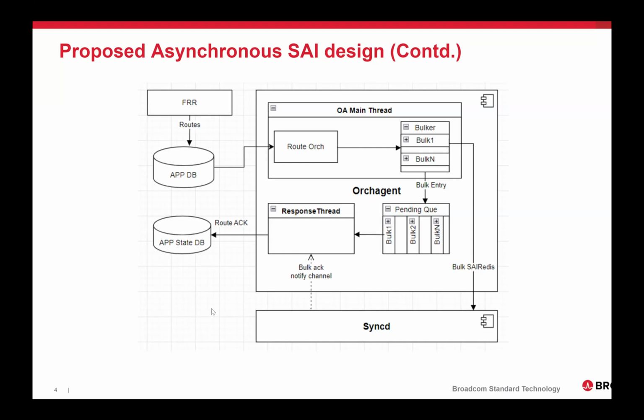Right, and it makes sense actually. So this can work as a back pressure. Suppose syncd is slow, depending on the platform, and the application is able to push the routes a lot faster. In that case, the total number of routes may be limited, say 1 million, but the updates that might be coming in may run into multiples.